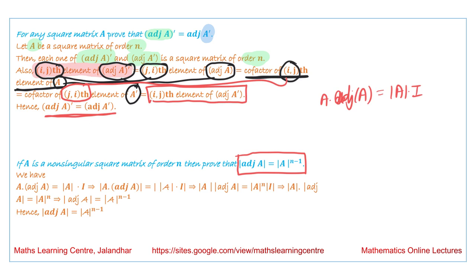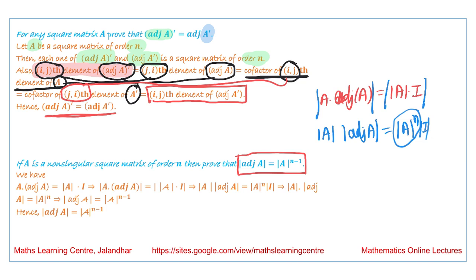Now if we take the determinant on both sides, we obtain determinant of A into determinant of adjoint A is equal to determinant of A raised to the power n into determinant of I. Now why is A raised to the power n there?